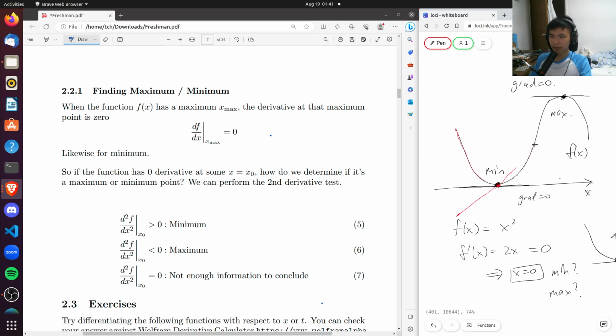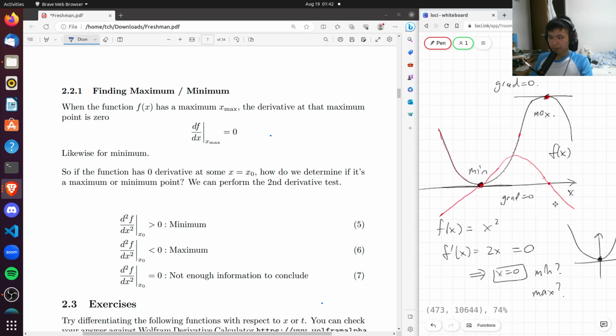The tangent is getting steeper and steeper until around here the tangent gets to a maximum before it starts decreasing to 0 again. So it's gonna look something like that, and over here the gradient is 0 again, and so on. So this red graph is the plot of the derivative f prime of x.